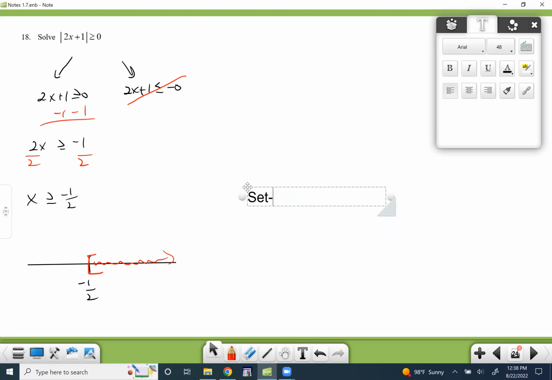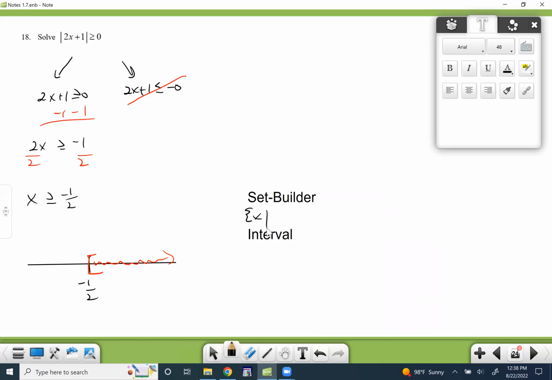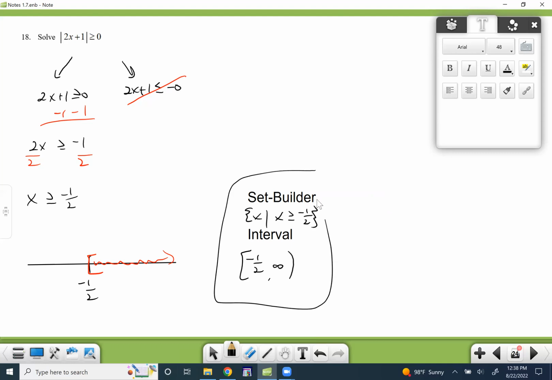All x such that, so squiggly bracket, all x such that x is greater than or equal to -1/2. And the other one would be -1/2 with a square bracket all the way to infinity with the parentheses.